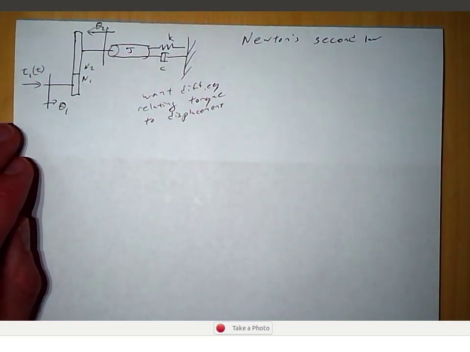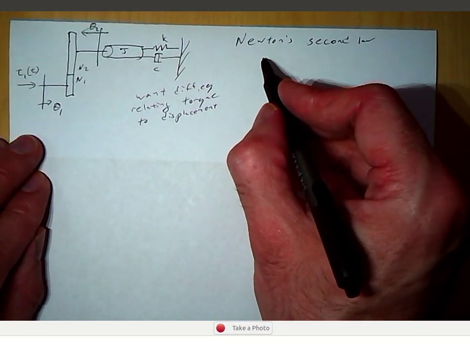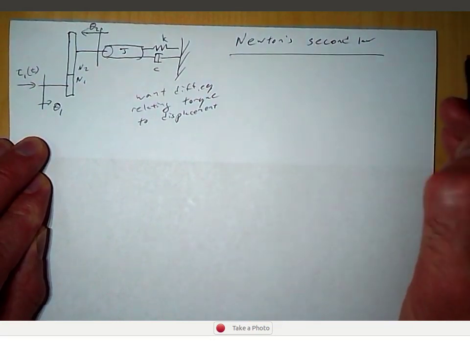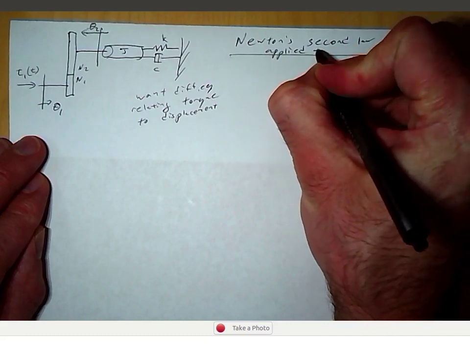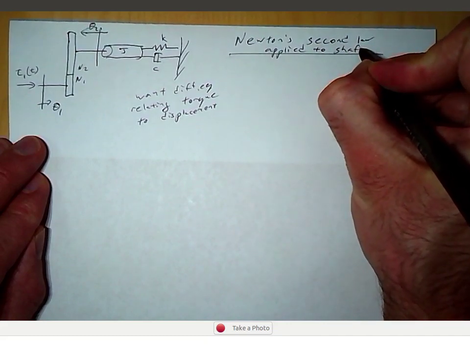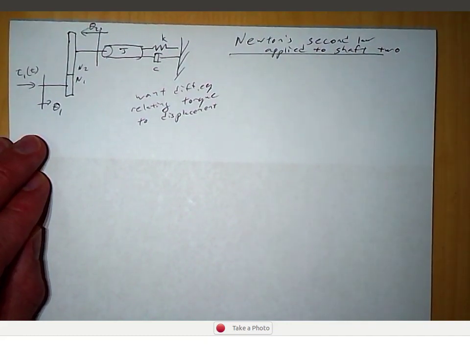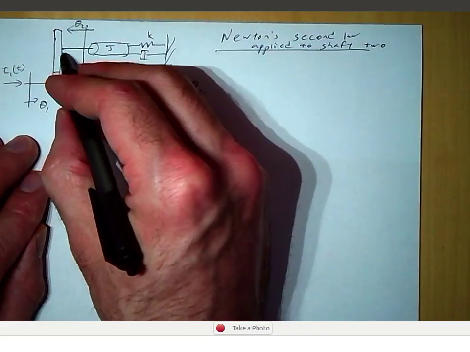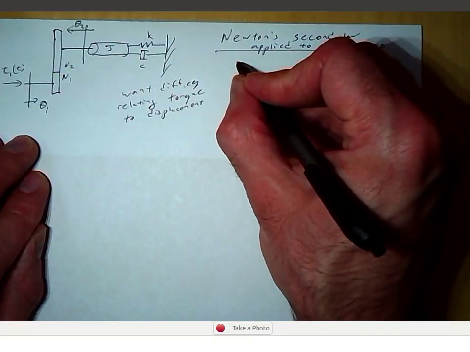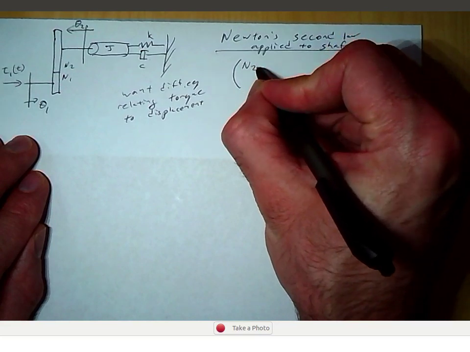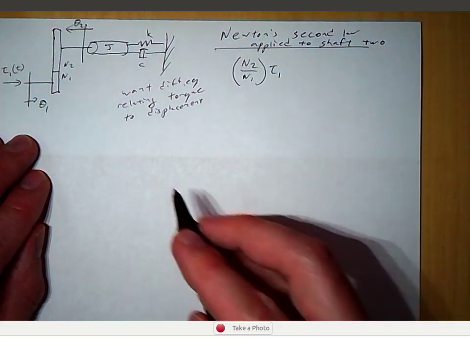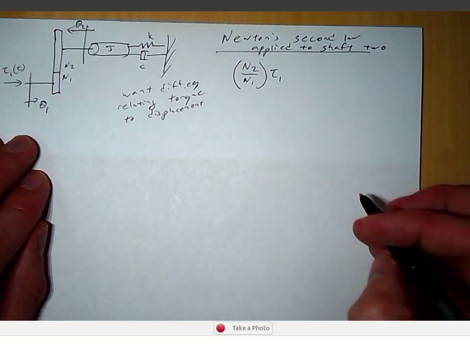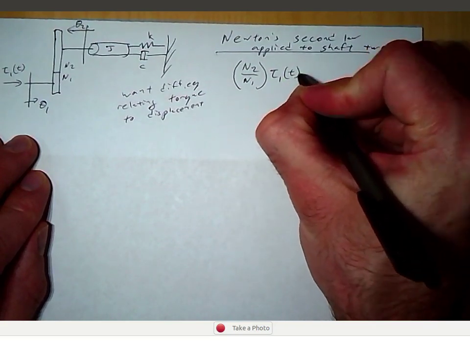So let's generate the equation of motion by using Newton's second law on shaft 2, or the output shaft. The torque applied to this shaft is N2 over N1 times tau 1, because the gear ratio magnifies the torque, and that's a function of time.